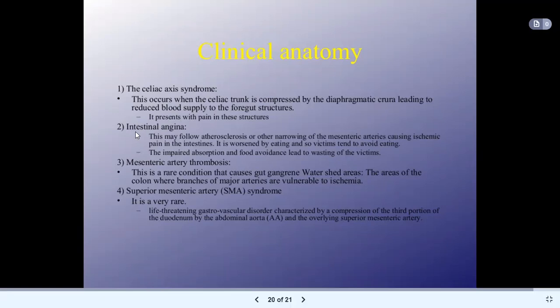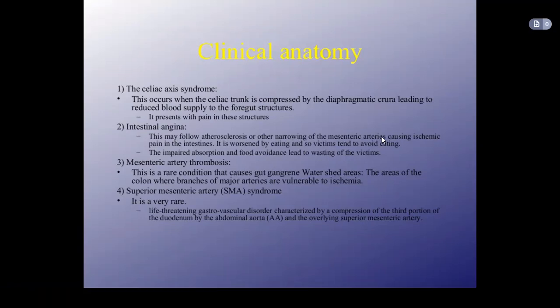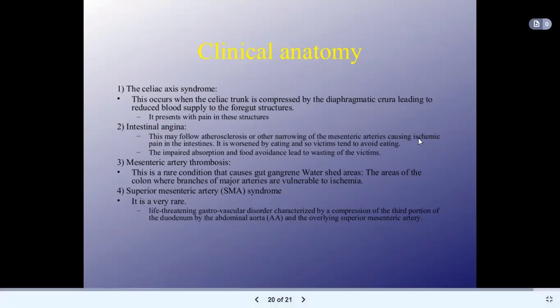Okay, so intestinal angina. Intestinal angina is a condition which happens when there is atherosclerosis or other narrowing of the mesenteric arteries. So if there are some fat deposits in the mesenteric arteries that narrow the lumen or block blood flow through the arteries, there will be what we call ischemia.